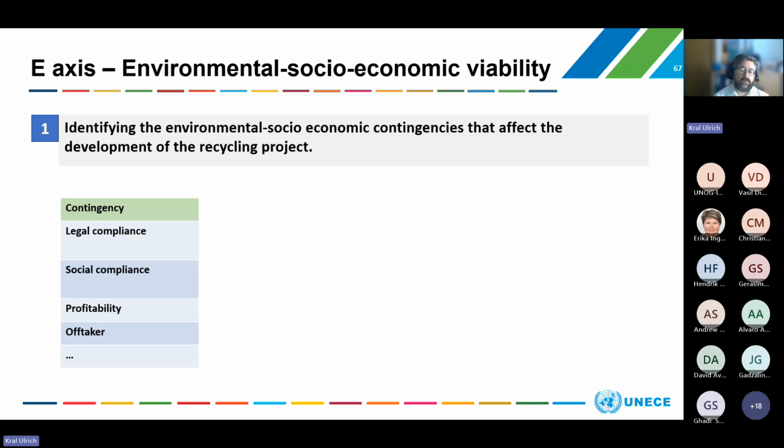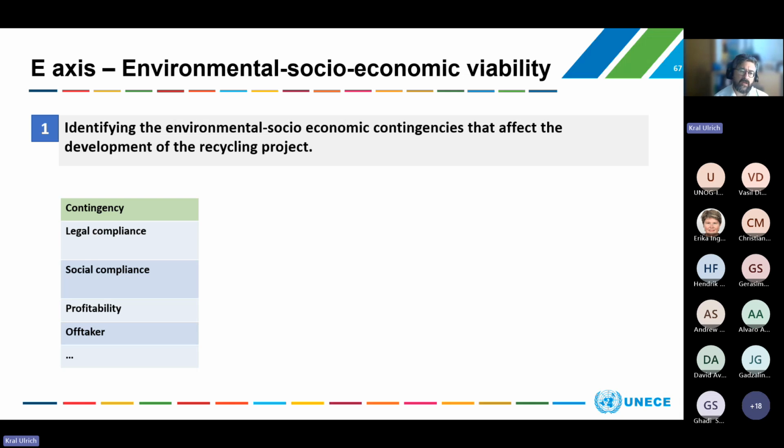To make it a little bit clearer, you are addressing, for instance, the legal compliance of the recycling project, the social compliance, the profitability, is there already an offtake agreement in place, or are you negotiating one, for instance? And all these criteria that are listed here are explained in a guidance document that has been provided by, I think, UNECE and DG Growth.